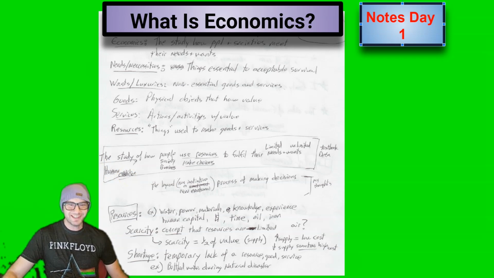So I'm expanding it. It's not just the study of something. It exists. It is part of the human condition since the beginning of humans. So the human condition of how people, societies, and businesses use their resources and make choices to fulfill their limited needs and unlimited wants. It just adds a little more flavor to the definition.